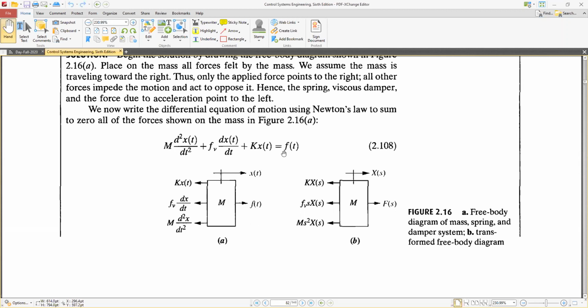So finally, we can write that f(t) is equal to m d squared x(t) over dt squared plus fv dx(t)/dt plus k x(t) is equal to f(t).